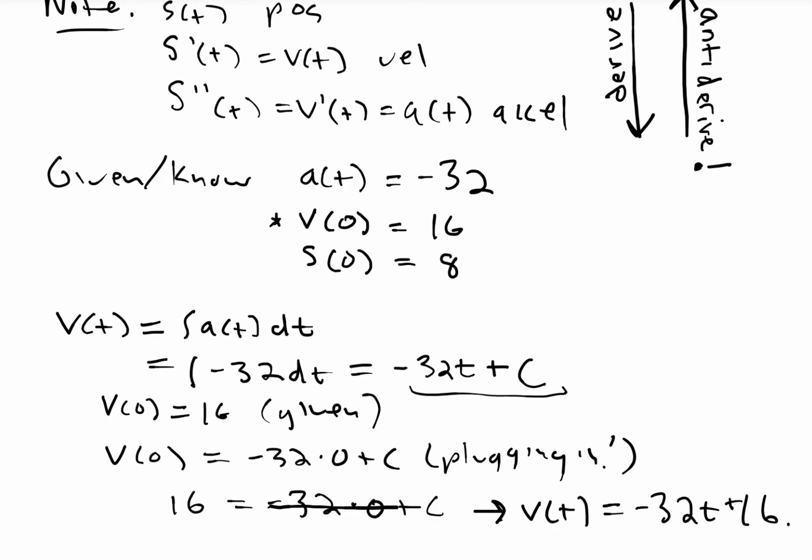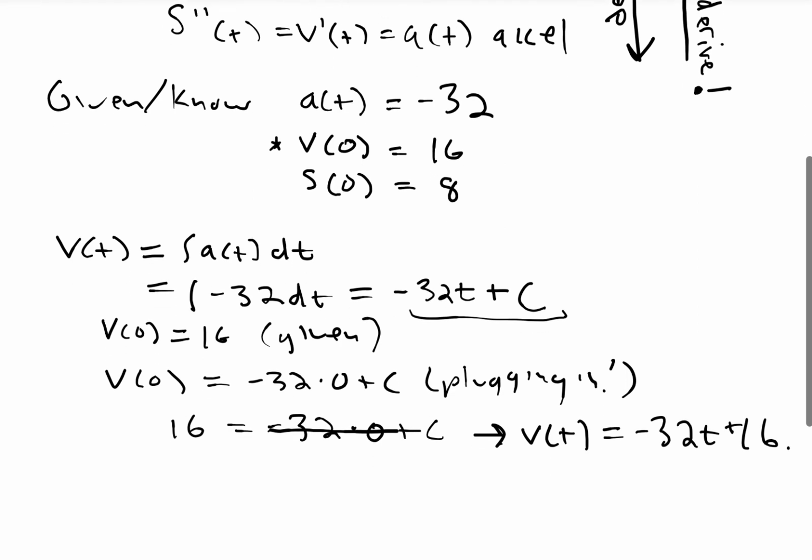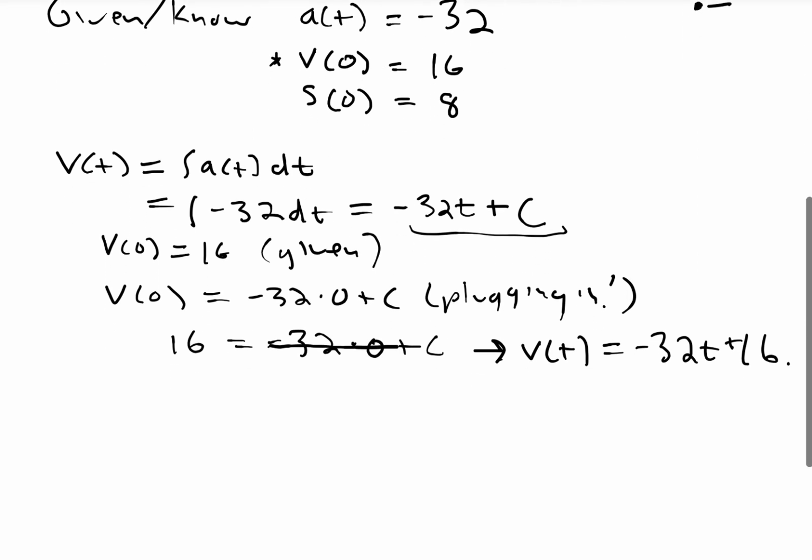Okay? Let's see if we can scroll down a little bit to give myself some room to find my position function. Similar idea, s of t is supposed to be the antiderivative of the velocity function. Now, that is basically this function that we just found up top, right here, minus 32t plus 16.